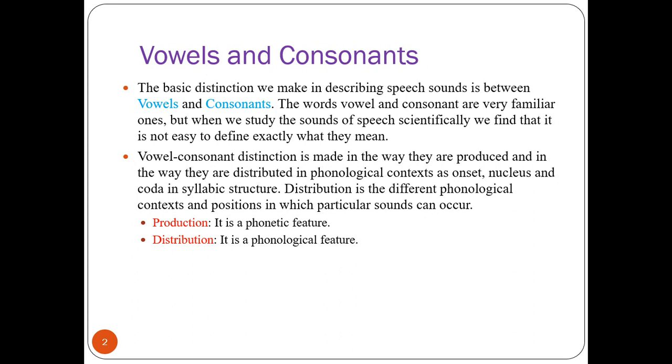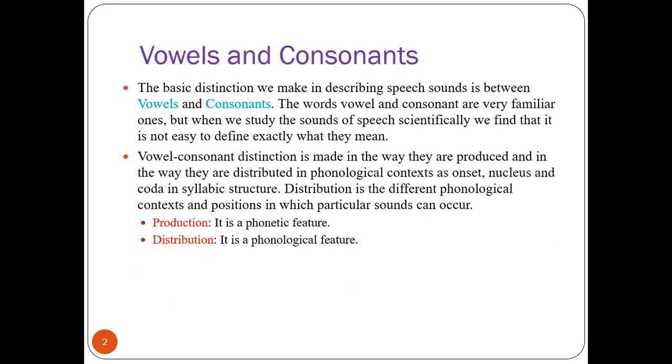So the first one is about production. From this perspective, we can say that vowels are sounds which are produced with no obstruction in the mouth cavity, and consonants are produced with some sort of obstruction or constriction in the oral cavity. Like for example, if you say E, there is no obstruction to this sound.